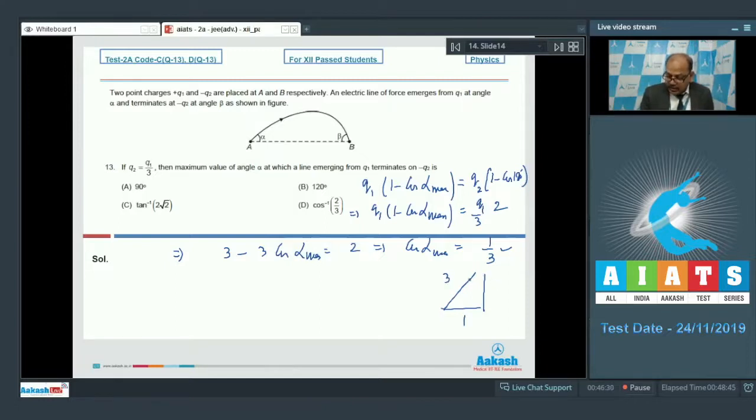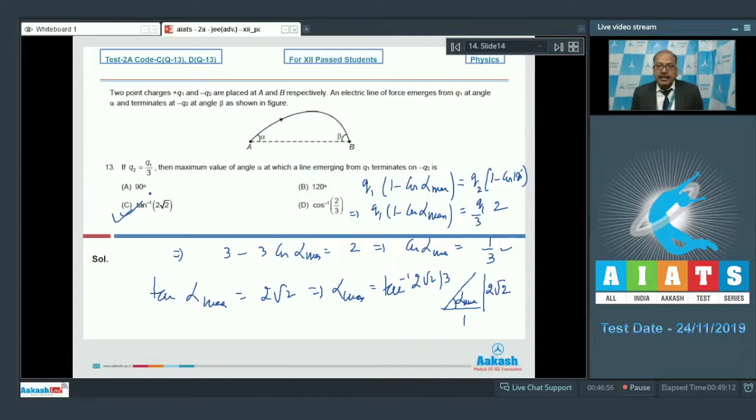The perpendicular is under root 3 square minus 1 or under root 8 or 2 root 2, and here is your alpha max. So we can see that tan alpha max is equal to 2 root 2 or alpha max is equal to tan inverse 2 root 2, which is matching with option C. So option C is correct. Let's go to the next question now.